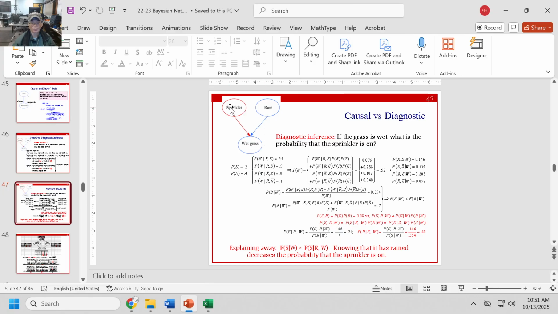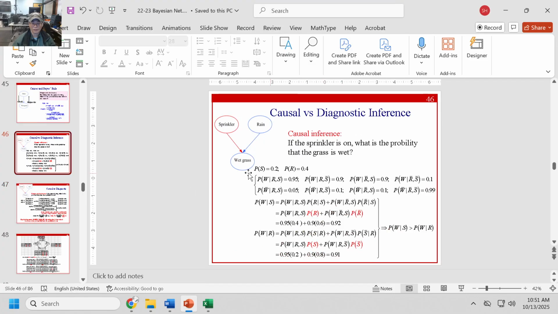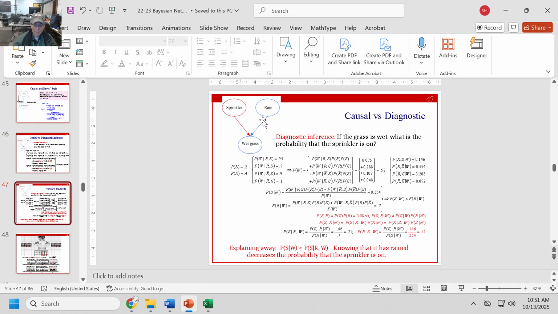Is it because of sprinkler or because of rain? So this is conditional probability. There's no flip, right? But this is flip. So how I flip is usually I know what happened. I wonder why. So it's P(W|S), P(W|R).